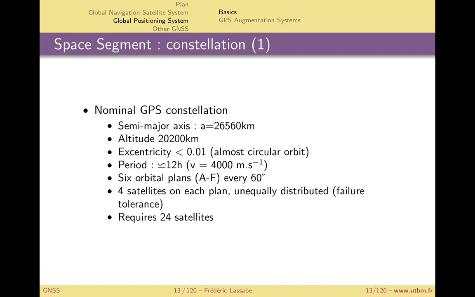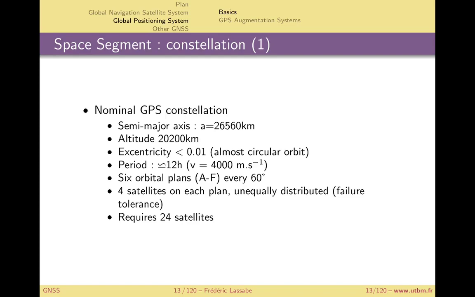And the period, which is the time that one satellite takes to run all around the Earth and go back to its first position, is around 12 hours. This means that each satellite is constantly moving at 4 kilometers per second. That's quite fast. And it produces problems that we'll talk about when we deal with the control segment.